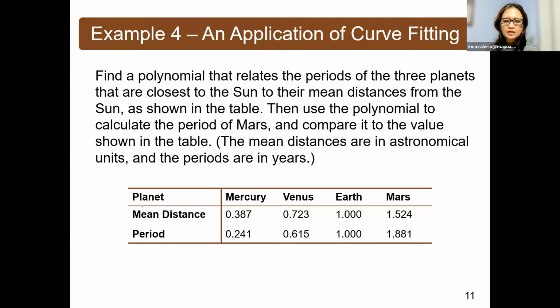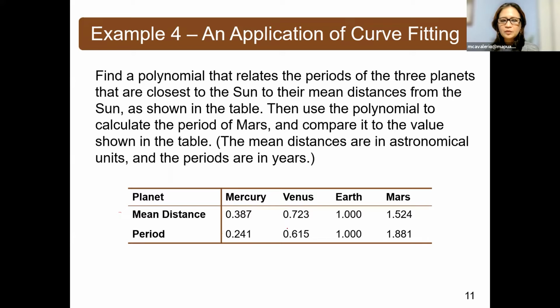Let's say the mean distance will act as our independent variable, and period will be our dependent variable, and we will have several ordered pairs. When the mean distance is 0.387, the period is 0.241, referring to the planet Mercury.